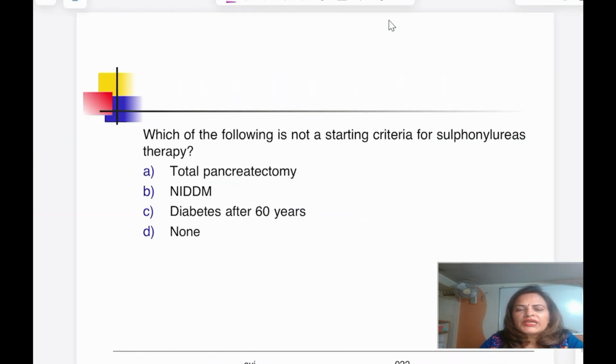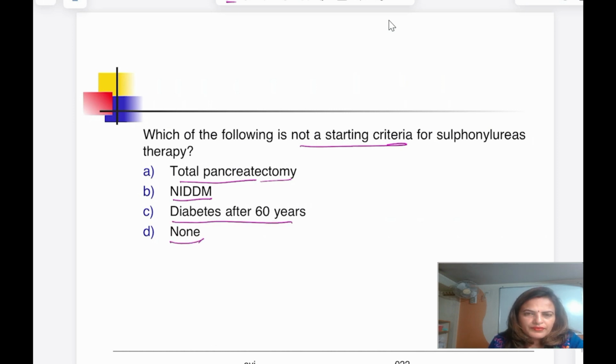Next, which of the following is not a starting criterion for sulfonylurea therapy? When do we not start it? Total pancreatectomy, non-insulin dependent diabetes mellitus, diabetes after 60 years, and none. We can start in non-insulin dependent diabetes and after 60 years, unless the patient is obese, because this sulfonylurea group of drugs causes weight gain.